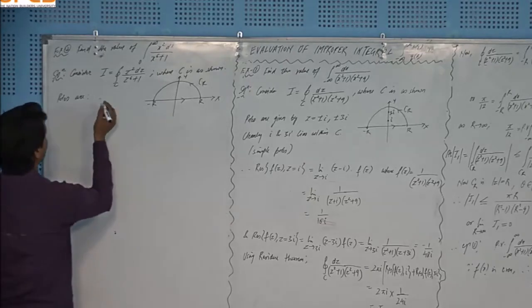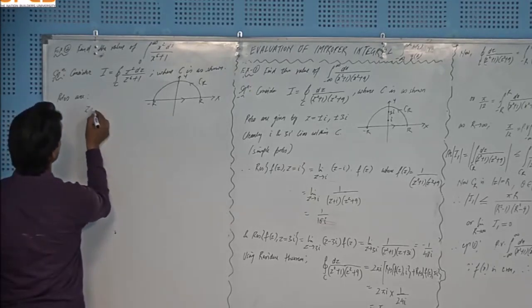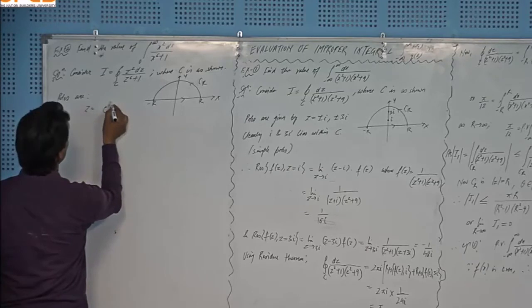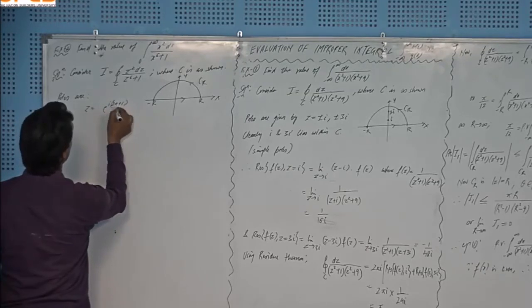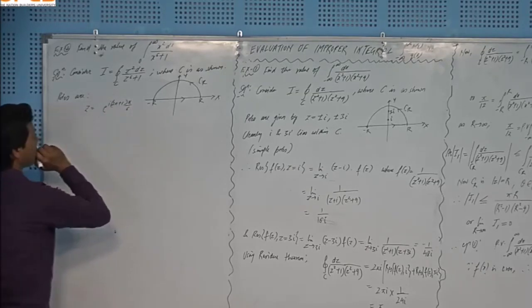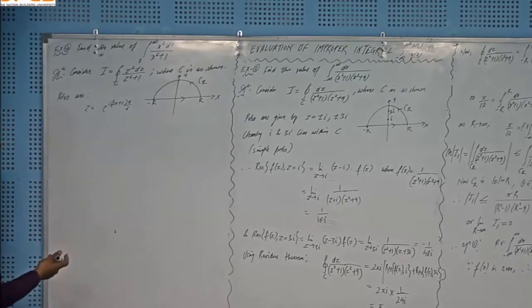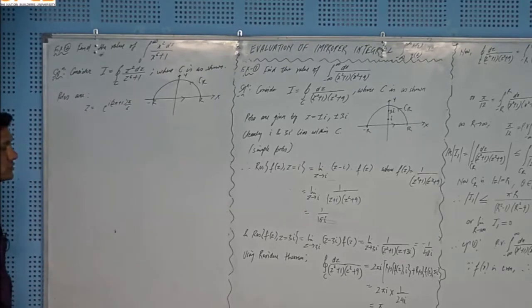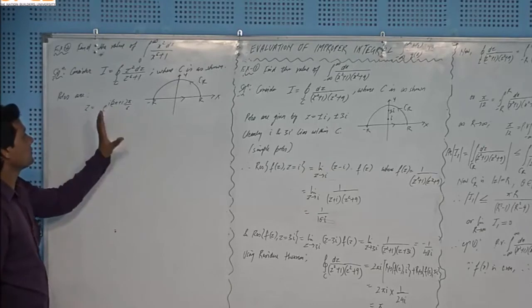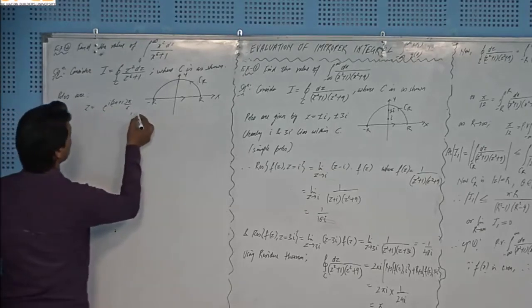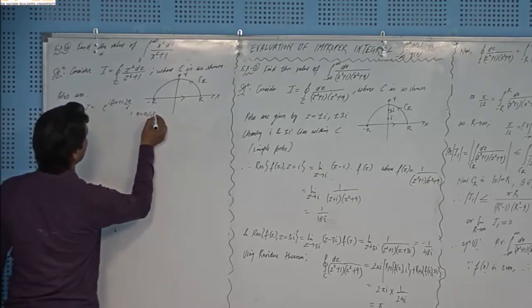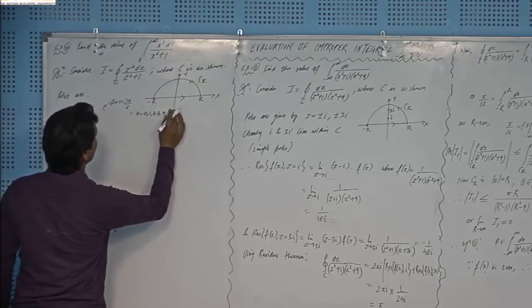That will give you z equal to e to the power i (2n plus 1) pi by 6, where n equals 0, 1, 2, 3, 4, 5, right?